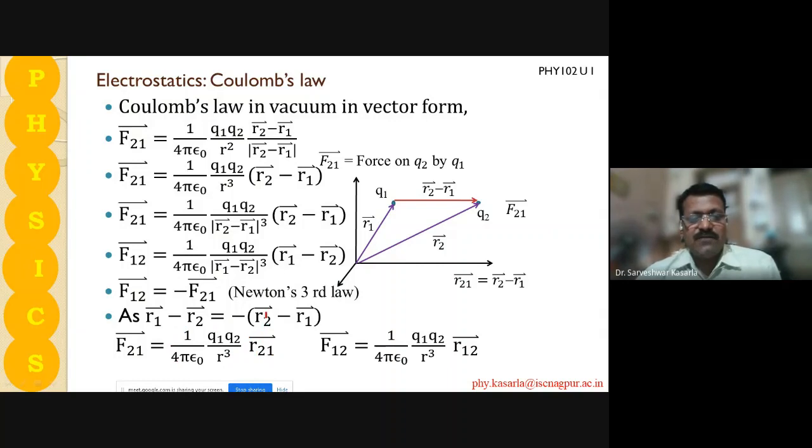In place of r2 minus r1, we have just written r21. Similarly, F12 will be equal to 1 upon 4 pi epsilon 0 q1 q2 upon r cube into r12. And what is r12? r12 is nothing but the vector r1 minus r2.